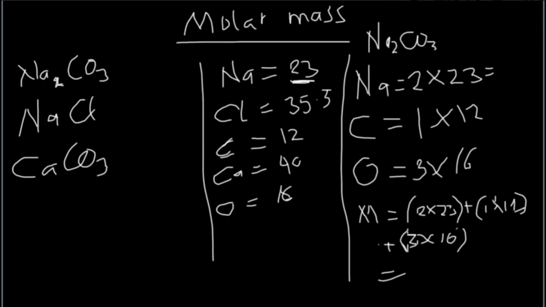So let's calculate the answer. 2 times 23 gives you 46, plus 1 times 12 gives you 12. Then 3 times 16 gives you 48.